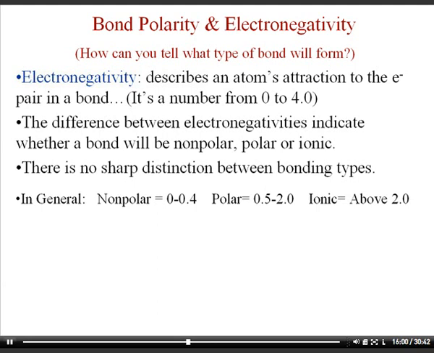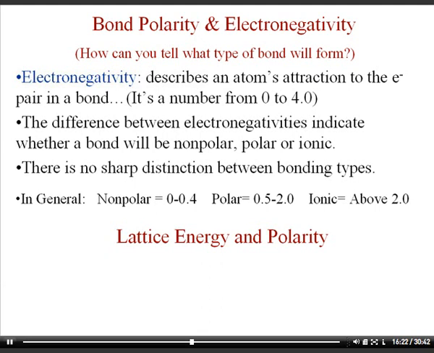It's sort of a slow change between being very nonpolar to barely polar to strongly polar, and then maybe weakly ionic to a high electronegativity difference, which would be like 3.5 or something like that. That would be very strongly ionic. So there's a general blending from one type of polarity to another.